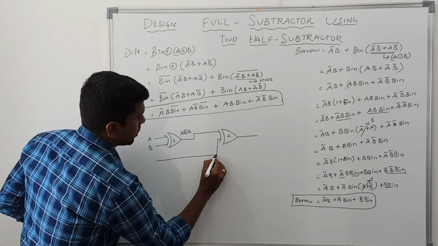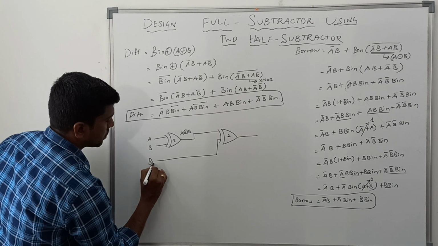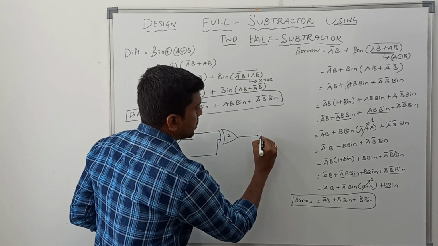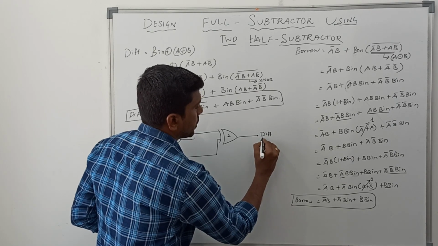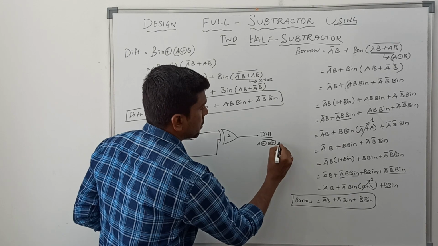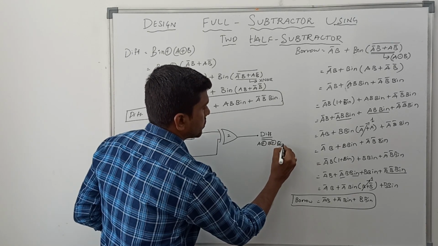The other input is B in, borrow in. We will get the difference output here: A XOR B XOR B in.